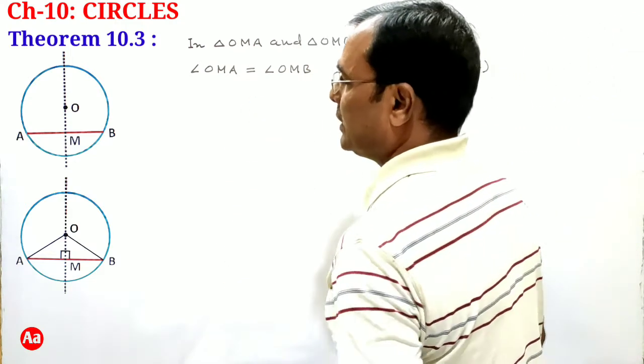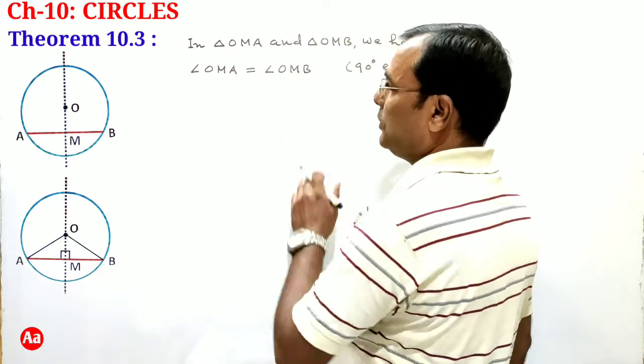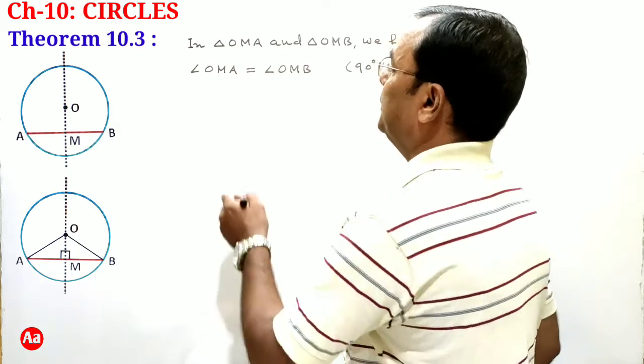OM is drawn from the center of the circle perpendicular to the chord, so angle OMA is equal to angle OMB.